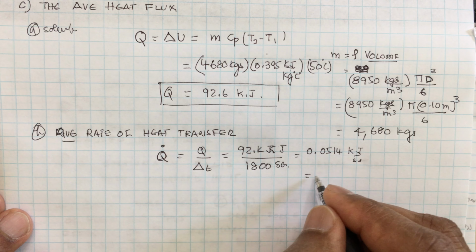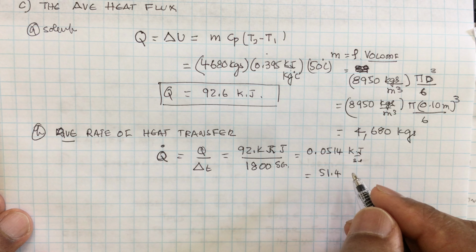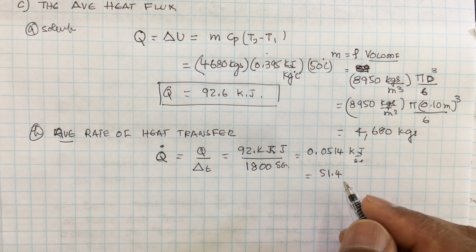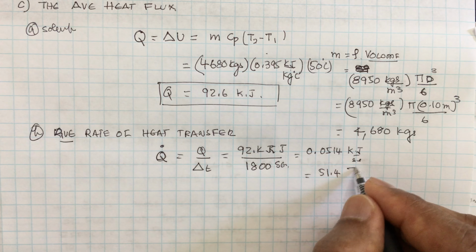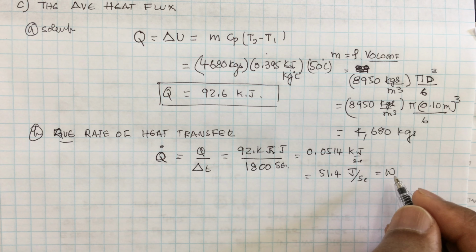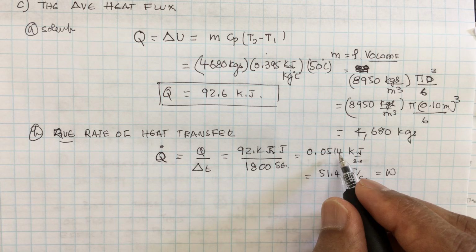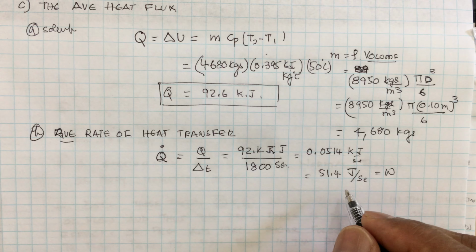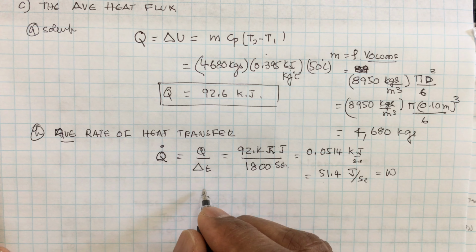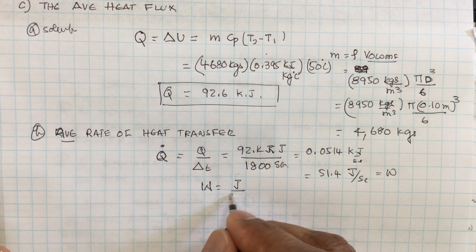Or you can write it in terms of joules per second: 51.4. Joules per second is also equal to watts. 1 joule per second is a watt. So you multiply by 1000 and you get this. Okay, so far so good. One unit you have to remember is watts equals joules per second.